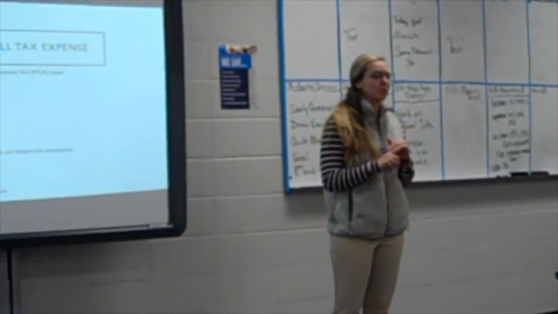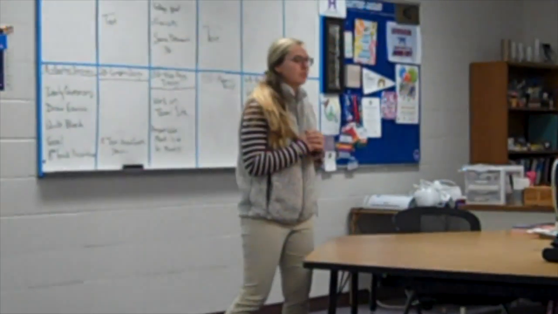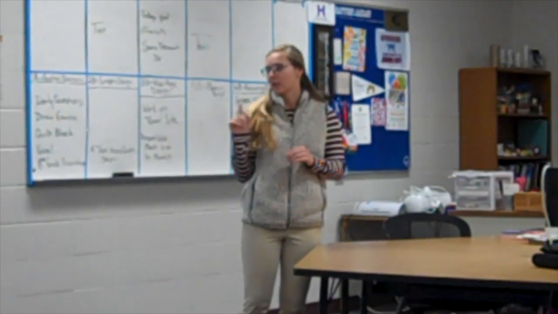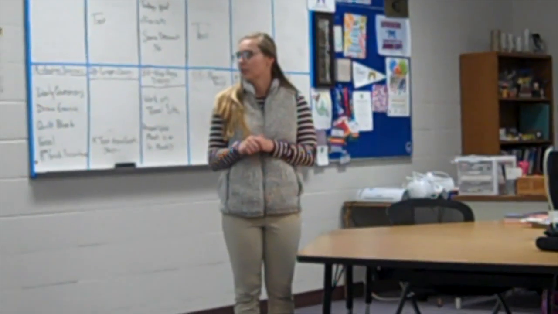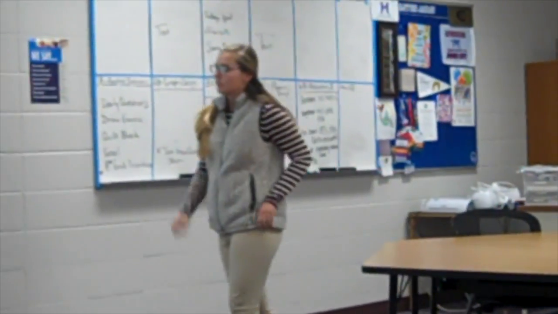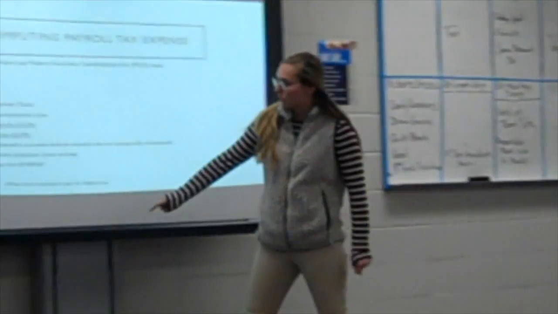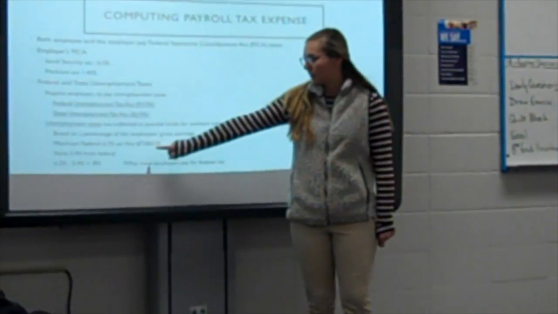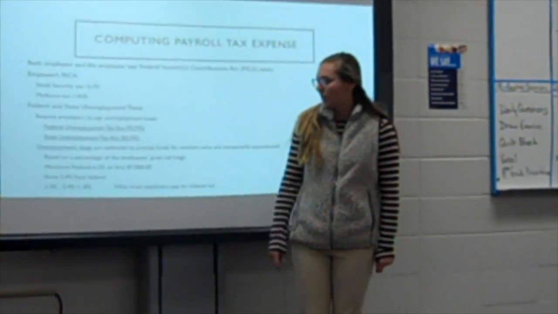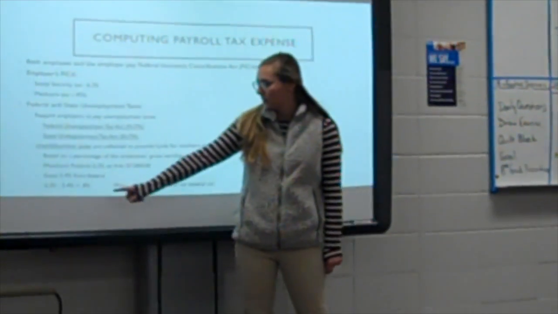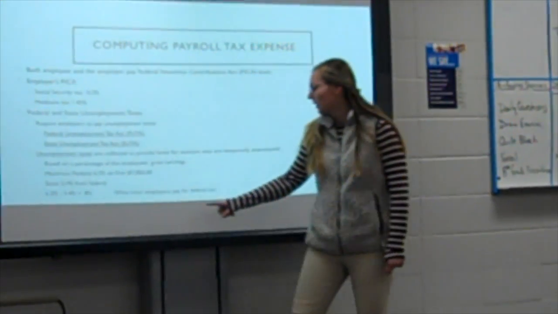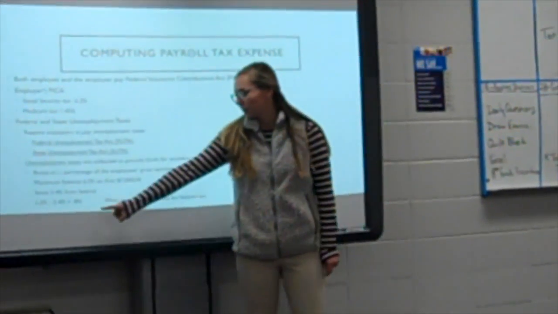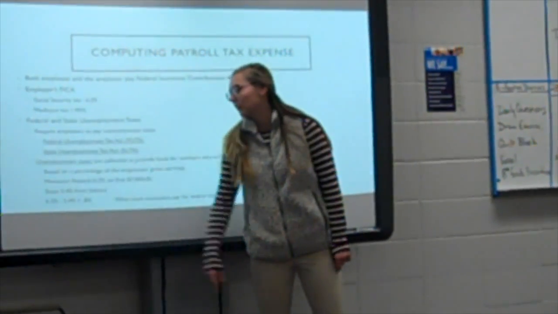So what a lot of employers do is when a person is unemployed and they're getting that money, they're going to start with our state unemployment. And so if we have a total of 6.2% that can be taken on the first $7,000, and we start using our state, if we have 5.4%, a lot of employers end up paying just 0.8% for their federal, because it makes up the max amount that can be withheld.